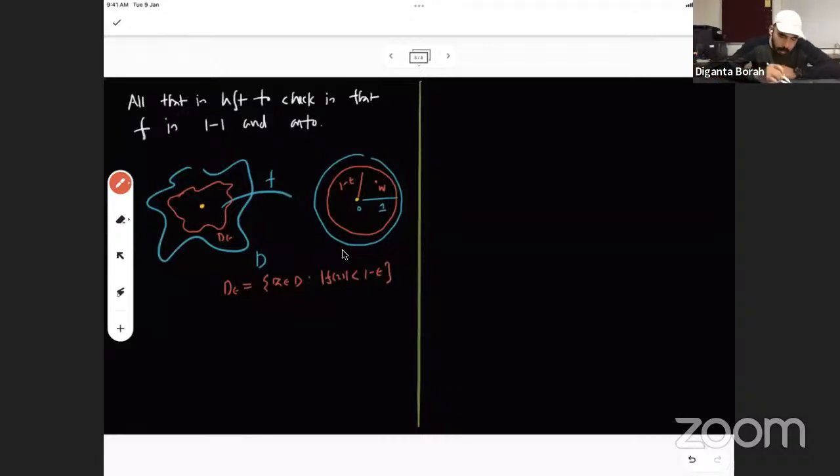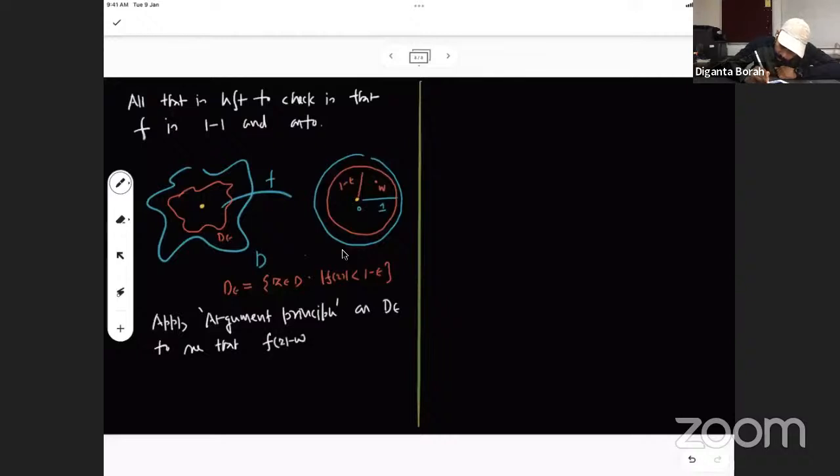Here I just leave it as an exercise. It's an easy exercise. Apply the argument principle on the domain D epsilon to see that f(z) minus w has exactly one solution.